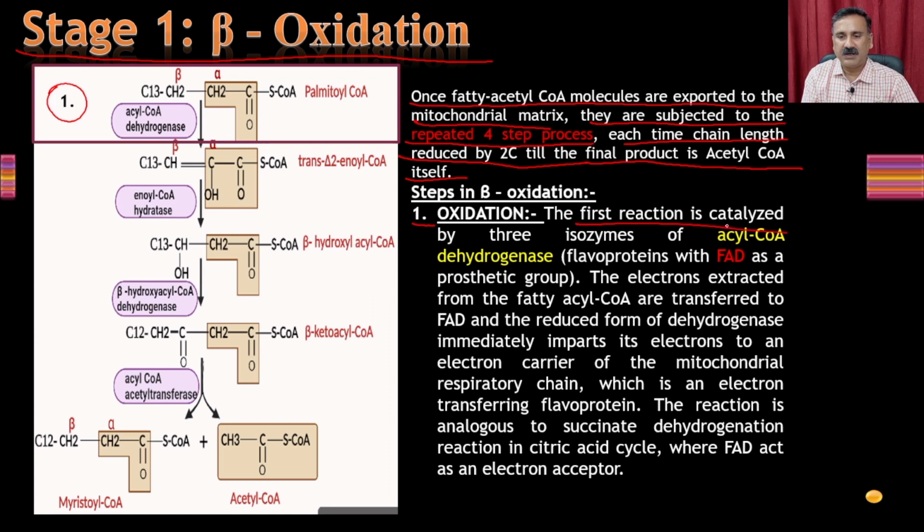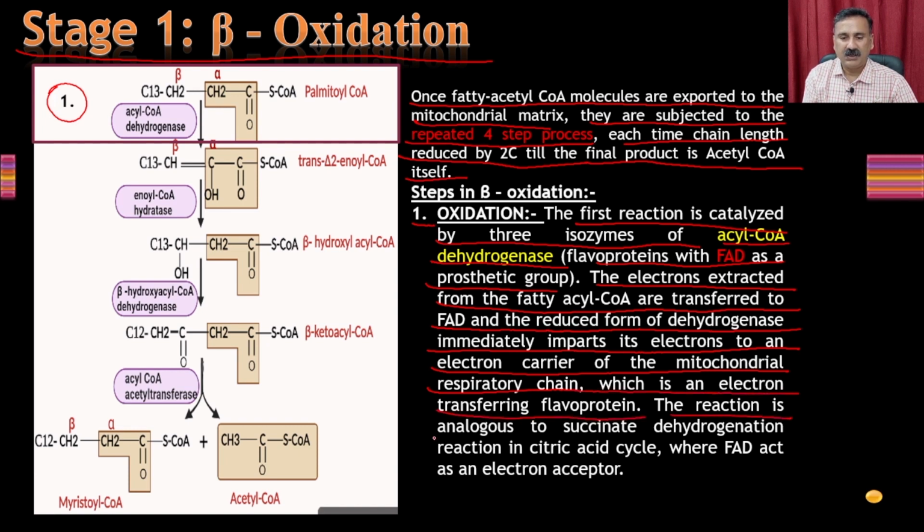The first reaction is catalyzed by three isozymes of acyl-CoA dehydrogenase, a flavoprotein with FAD as a prosthetic group. The electrons extracted from the fatty acyl-CoA are transferred to FAD, and the reduced form of the dehydrogenase immediately passes its electrons to an electron carrier of the mitochondrial respiratory chain, an electron-transferring flavoprotein.